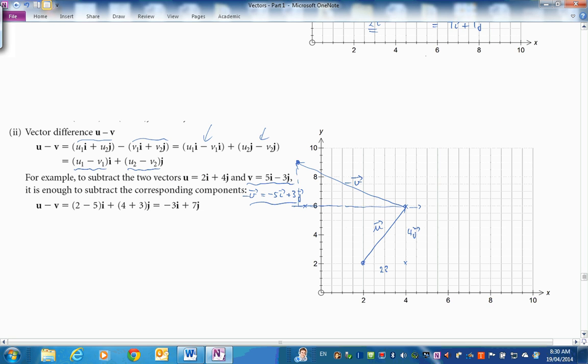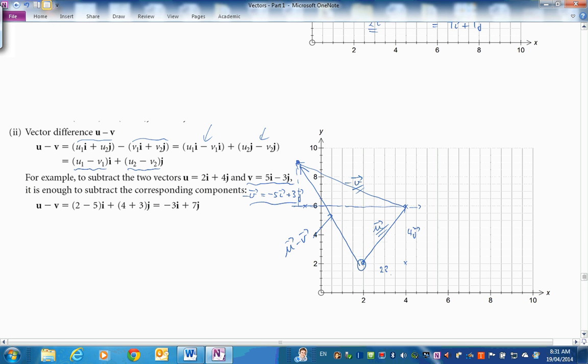Would be what? Well, here it is here. I've displaced this point to start with, u take v, so there's my u minus v. And what are the components?